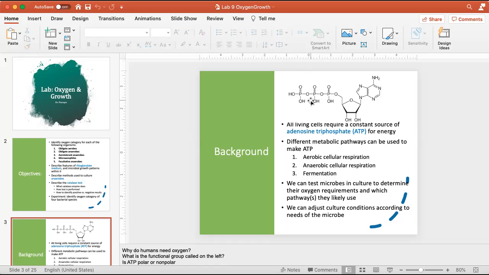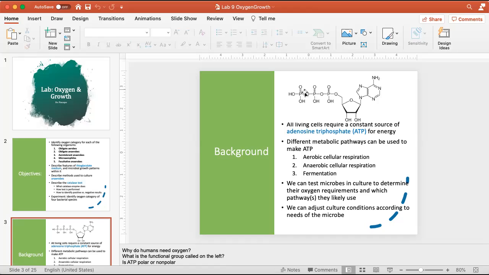Remember, covalent bonds are a pair of electrons that are being shared between two atoms. And when the bond is broken, energy is released because the electrons are released. And energy is carried with electrons in living cells.